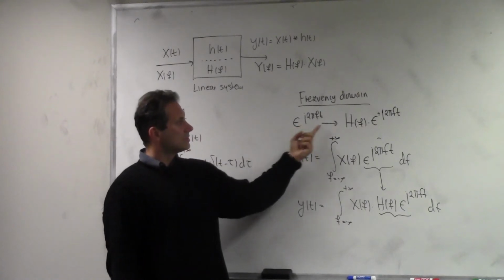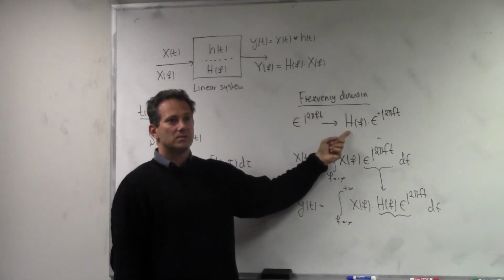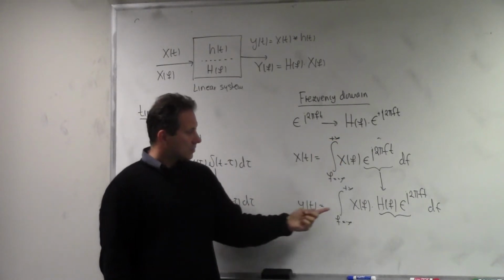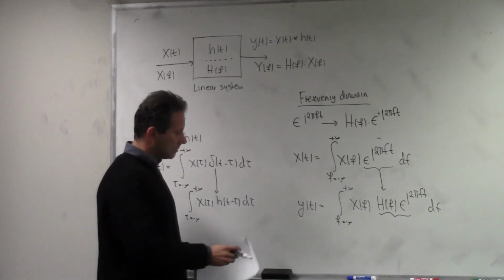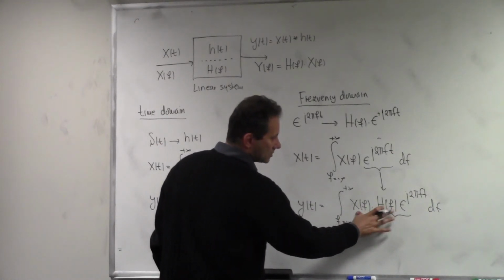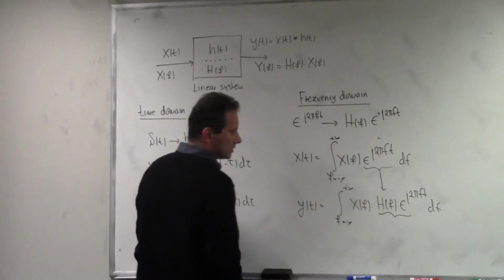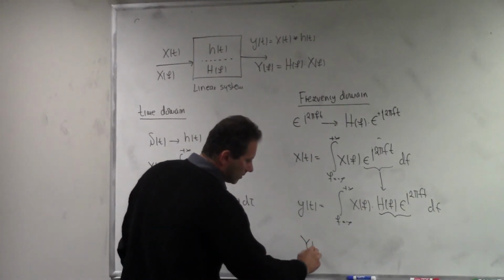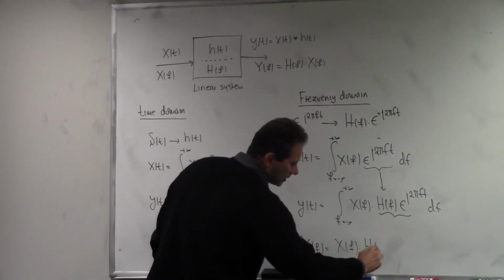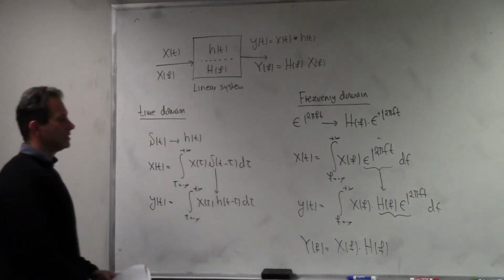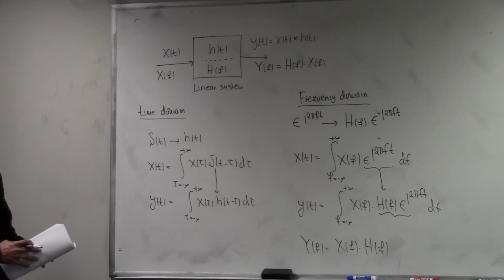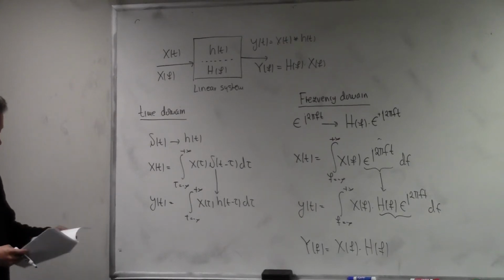And the exponential has a trivial response, where it goes through the system unchanged in frequency, but changed in magnitude and phase. So what you see here is that my output is essentially h of f times x of f, times the inverse Fourier transform. So that's where we get that y of f has to be h of f times x of f. This is the same as the convolution property of the Fourier transform.